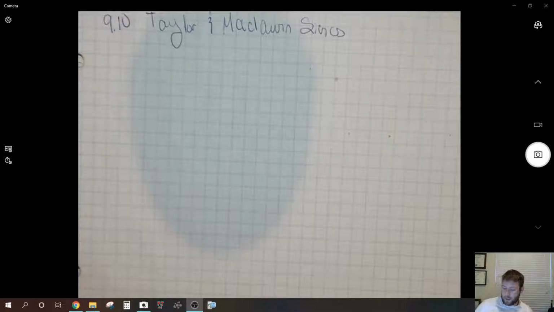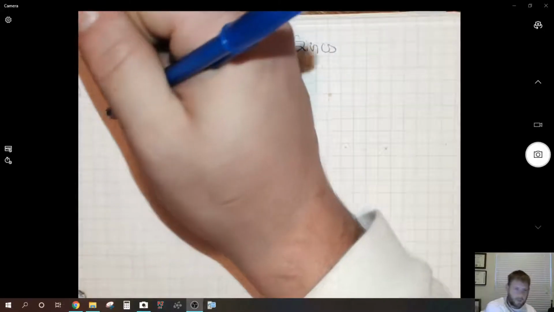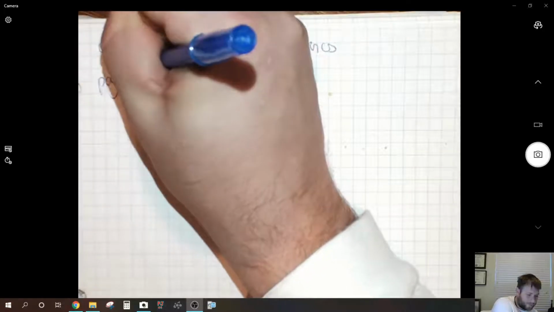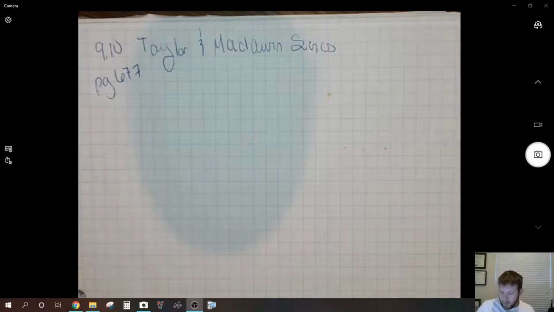For example, let's look at number 5 on the homework I'm going to give you today, which is on page 677. It says, in exercises 5 through 16, use the definition of a Taylor series to find the Taylor series centered at c for the function.